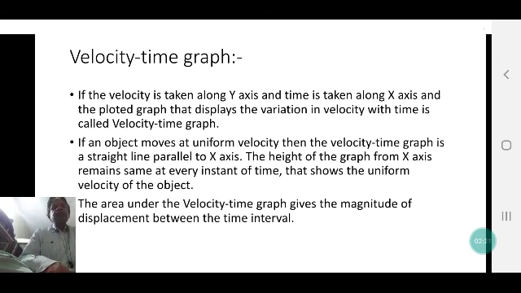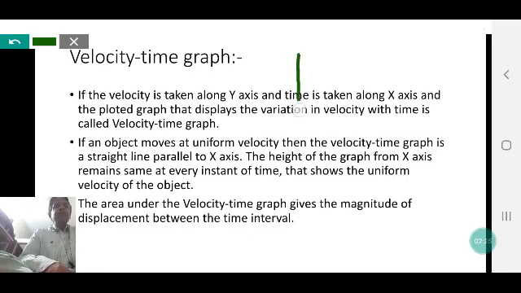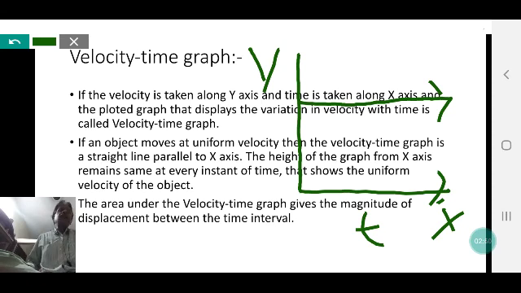We can also detail it like this: suppose it is a velocity time graph, with V here and T here. Whatever the line drawn, curved or straight, if the line is drawn parallel to the x-axis, then this graph shows the object is moving at uniform velocity.